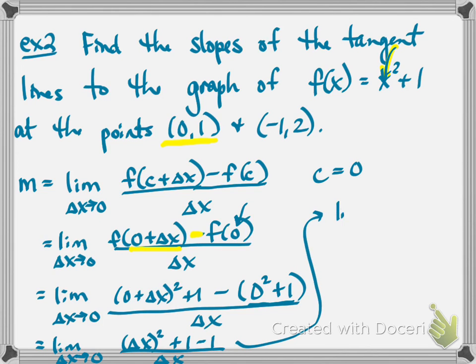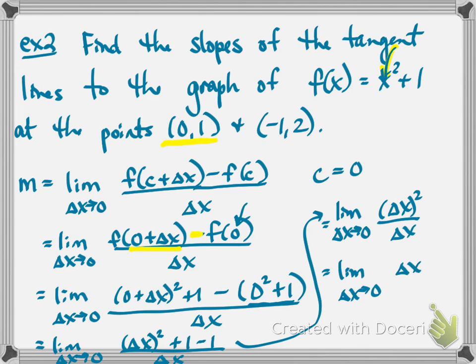So that is the limit as delta x approaches 0 of delta x squared over delta x, because our 1's cancel. And so that's equal to the limit as delta x approaches 0. One of those delta x cancels from the top and the bottom, leaving me with a delta x in the numerator. And I have no problem having a 0 in the numerator. So when I let delta x go to 0, I get 0.